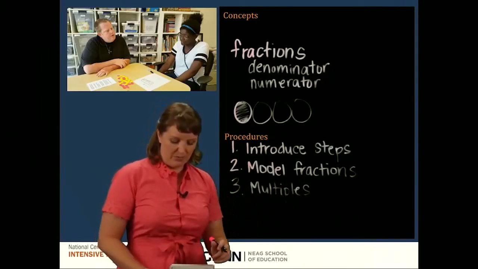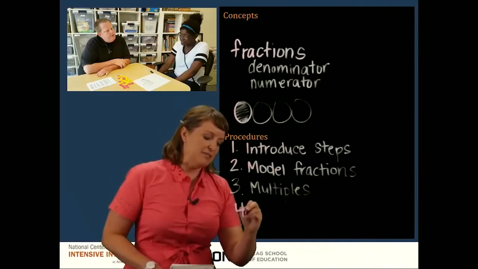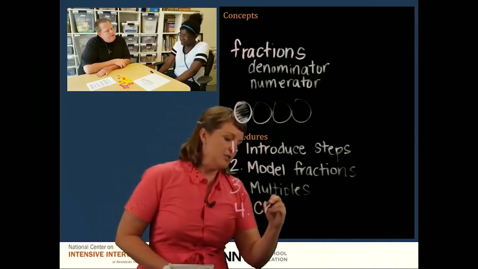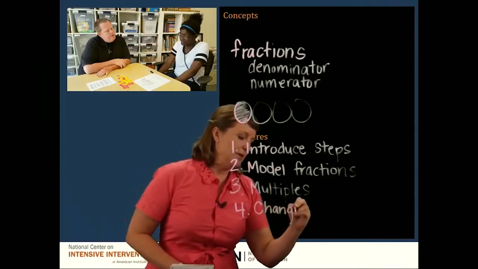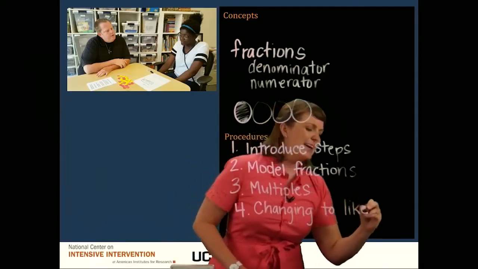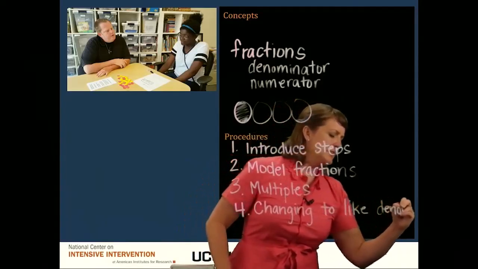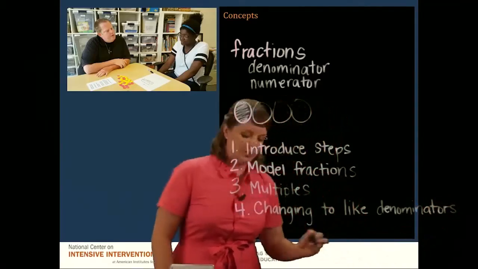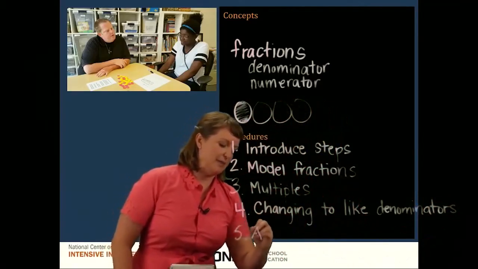The fourth thing that Stephen and Natalia focused on was changing the fractions to like denominators. I'll just put changing to like denominators here, just so we remember what we're talking about. And then the final procedure that they focused on was adding.